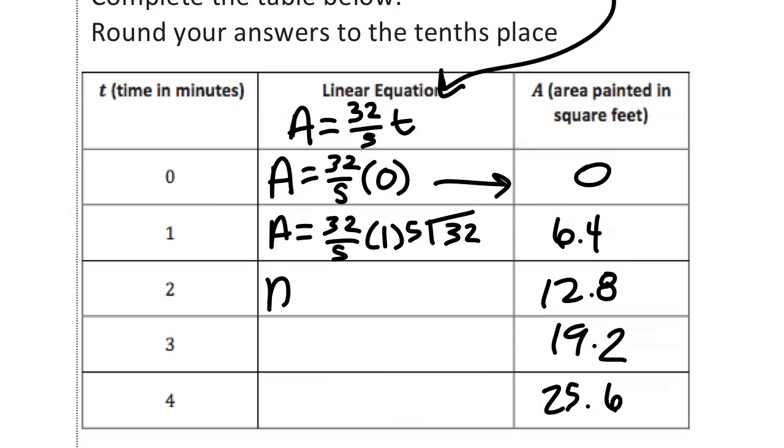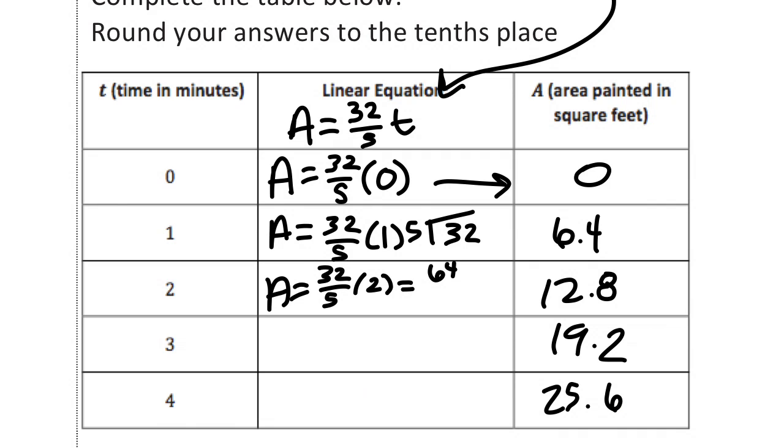Okay, now I would like to say that I did that same math for every other problem, but to be honest, I didn't. I'm going to tell you why I didn't. Because I know 32 over 5 times 1 is 6.4. So if I'm doing times 2, that should be 6.4 more. So instead of doing this math here, I actually just added 6.4 each time to get my next answer. But if you want to do the math, you can.